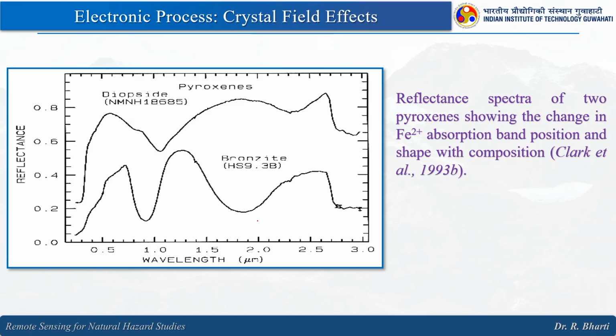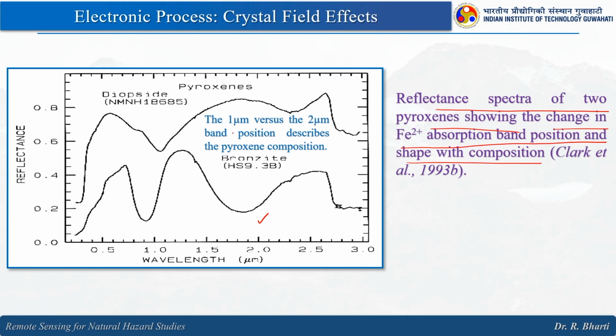Here you can see an example of reflectance spectra of two pyroxenes showing the change in Fe2+ absorption band position and shape with composition. The 1 micrometer versus 2 micrometer band position describes the pyroxene composition.